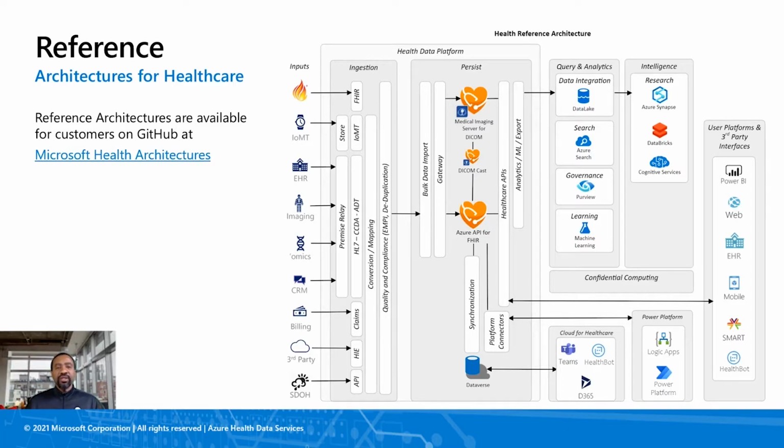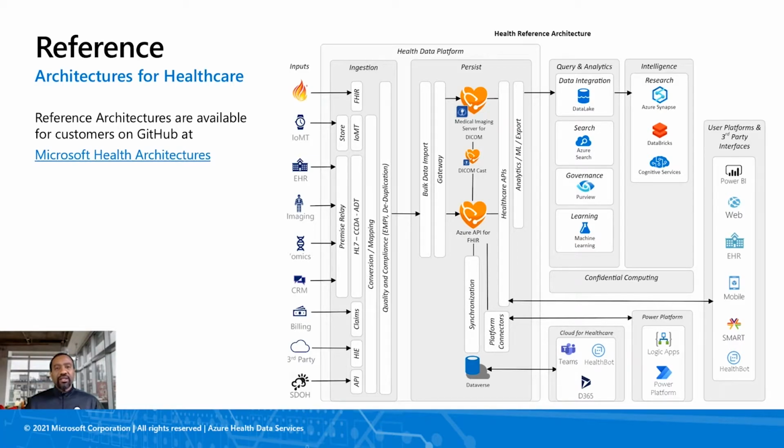Additionally, we've seen organizations that implement a facade approach where they actually build FHIR compliant APIs that sit on top of existing data stores and data services. And we've seen hybrid approaches as well. So it all depends upon the use case. All of those options are valid, and we've seen all of them.